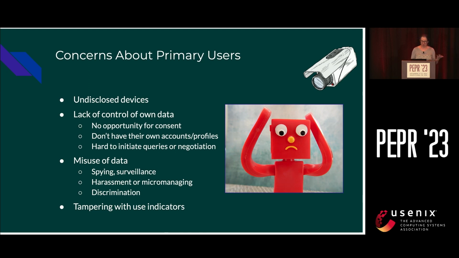They don't tend to have their own accounts and profiles, and it can be socially difficult for them to ask primary users about privacy settings or negotiate changes to how they use their devices. They're also concerned about misuse of data by the primary users, including spying or surveillance, harassment, or discrimination. And they're concerned about owners tampering with use indicators that show when a device is collecting data.